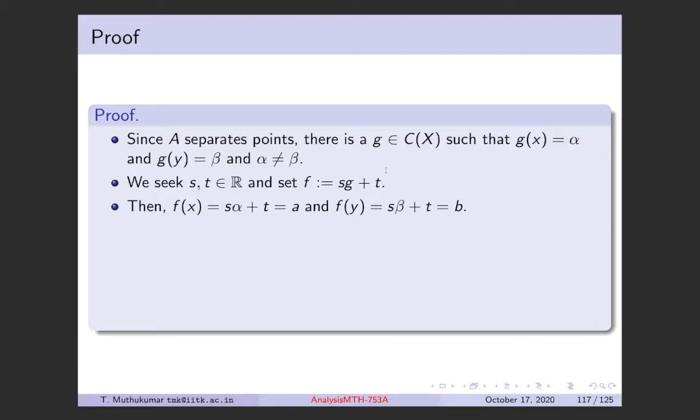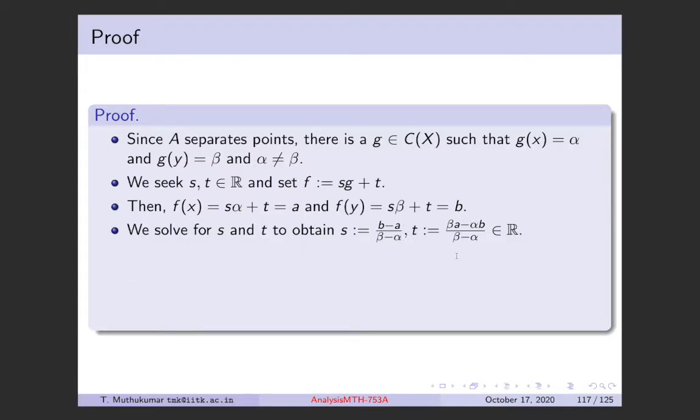Since g is a known function, you can think of this as g(y) itself. So here s and t are unknown. Alpha, beta, a, b are known quantities, so you need to solve for s and t in this system of two equations, which you can actually do. So you can solve for s and t, and you get s and t in terms of alpha, beta and a and b.